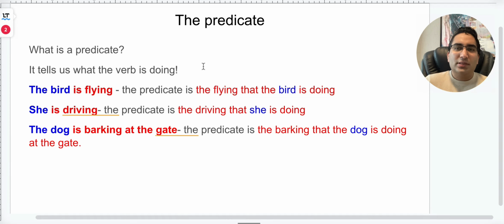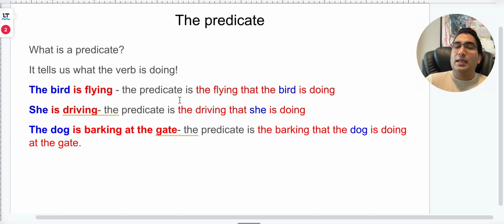Now, let's look at the predicate in more detail. The definition that you can remember is the predicate is something that tells us what the verb is doing, and verbs are actions. So verbs are cooking, cleaning, washing dishes, walking, running, any action that you are doing. So now we have "the bird is flying," okay?